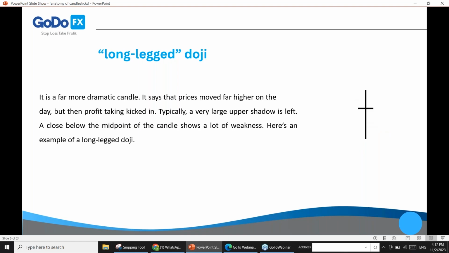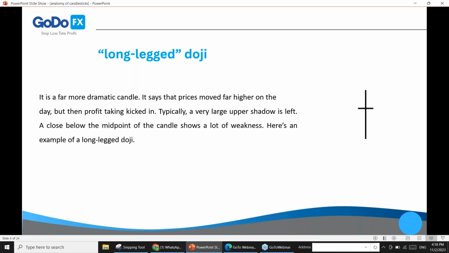Concerning the long-legged doji, it is far from a dramatic candle, and it says that prices moved far higher on the day, but then profit taking kicked in, and typically a very large upper shadow is left, and a close below the midpoint of the candle shows a lot of weakness.